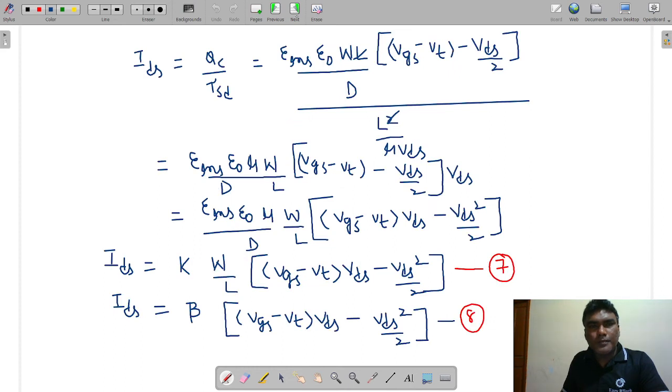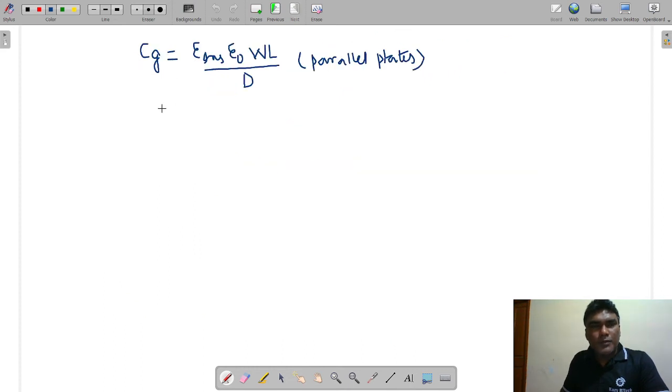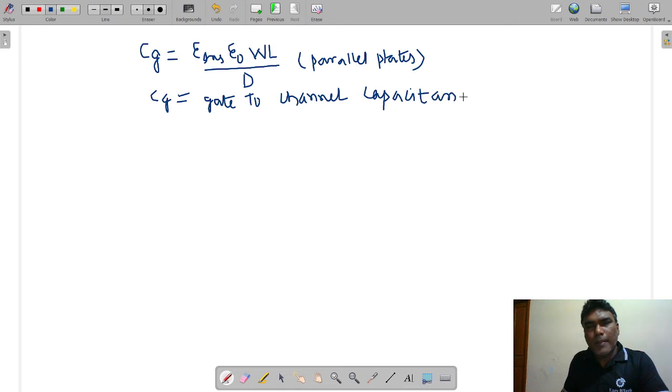Now we can write the IDS equation. Instead of K, you can substitute this CG. CG is nothing but gate to channel capacitance.